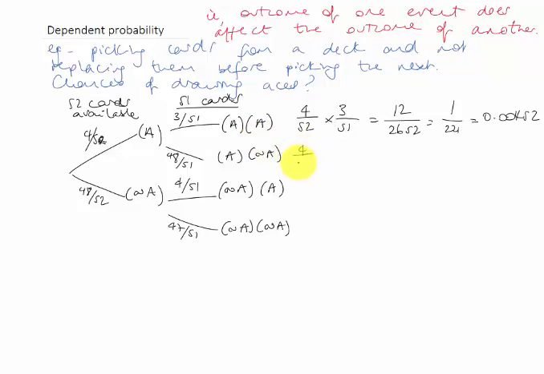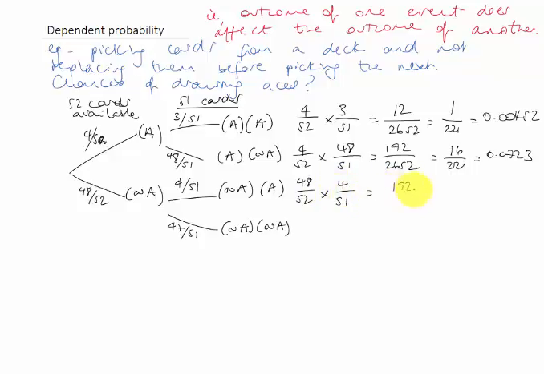Okay, and just the same going down the line: 4 out of 52 times 48 out of 51, which is 192 out of 2652, or 16 out of 221, or as a proportion 0.0723. This is exactly the same, only the other way round: 48 out of 52 times 4 out of 51, 192 out of 2652, 16 out of 221, 0.0723.